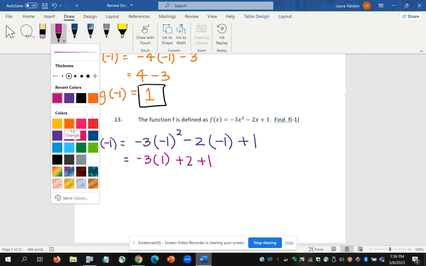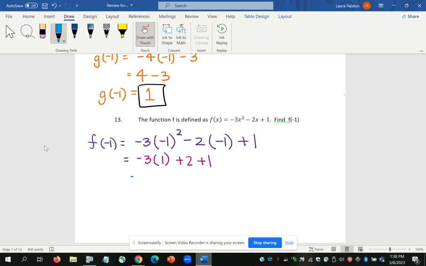Then I'm going to come back and do the multiplication. -3 times 1 is -3 plus 2 plus 1. -3 plus 2 is -1 plus 1 does give me the value of 0. Whether you do it by hand or you use the calculator, it's 0. Again, if you struggle with positive and negative numbers, please use the calculator.